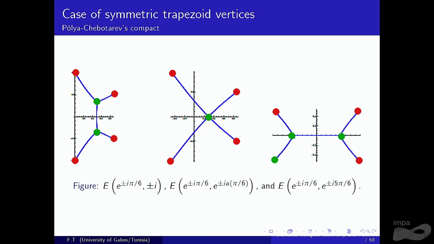For alpha equal to alpha of beta, we have the X form here. The Chebotarev problem has the X form. And for alpha between alpha of beta and pi, the Chebotarev compact has this form, the reversed X. Okay, thank you very much.